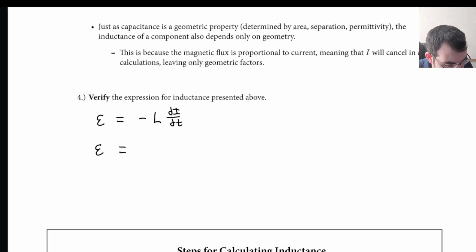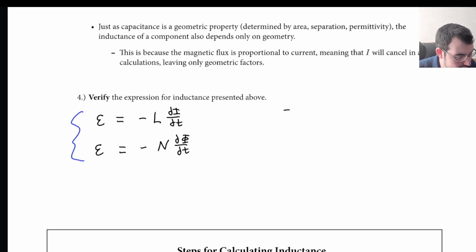So we know that induced EMF depends on flux change, and if you have N coils, there are N contributions to that flux change. Now we have two different expressions for this same quantity, so they must be equal. We can write negative L di/dt is equal to negative N d flux/dt.